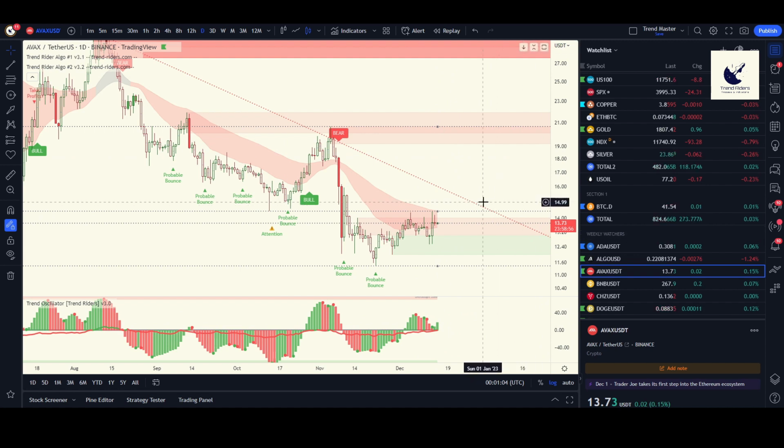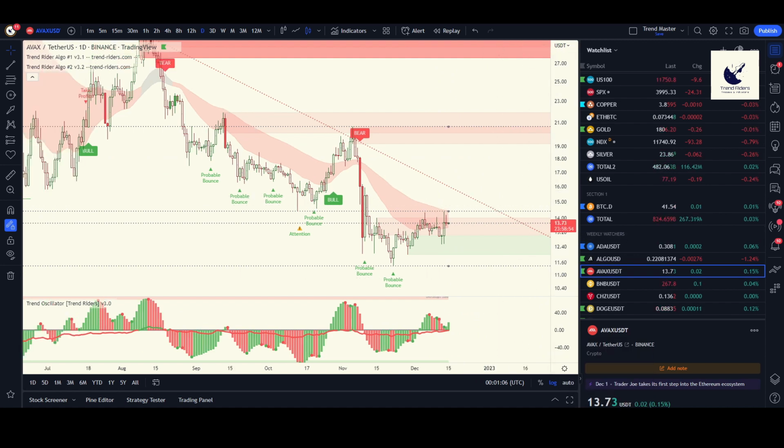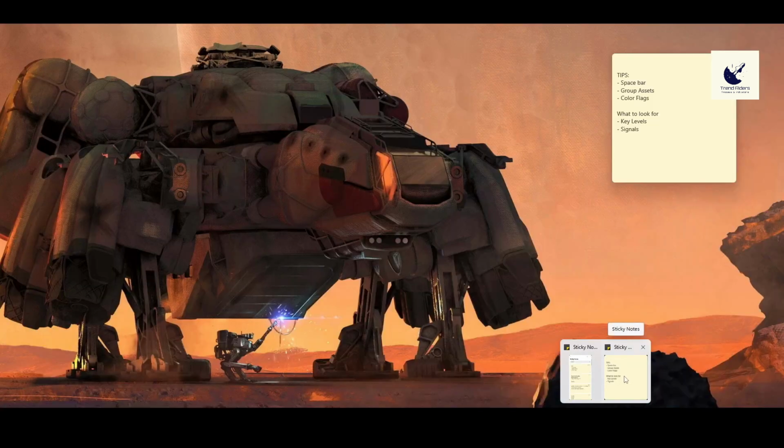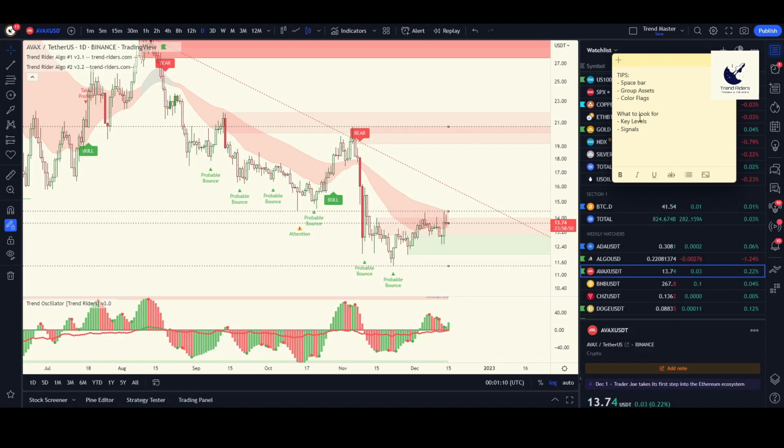So this is the third thing that I look for. We have these key levels. We check for probable bounce or take profit signals, or we check for the green or red candles. All that we look for is convergence.